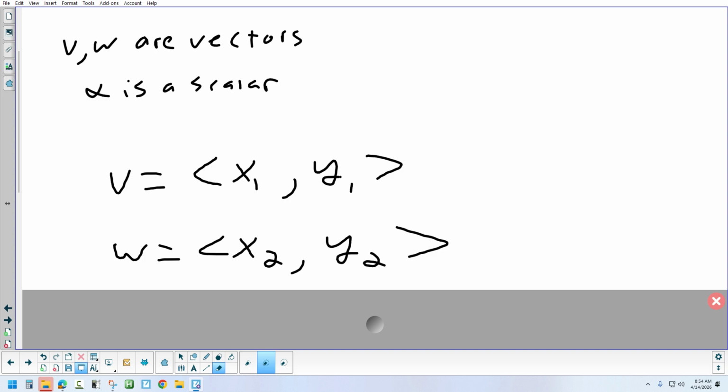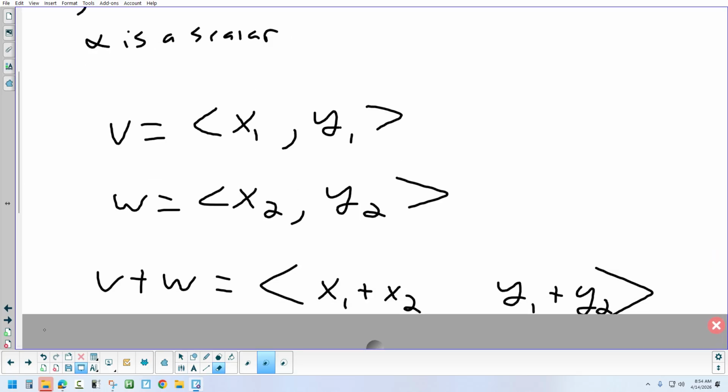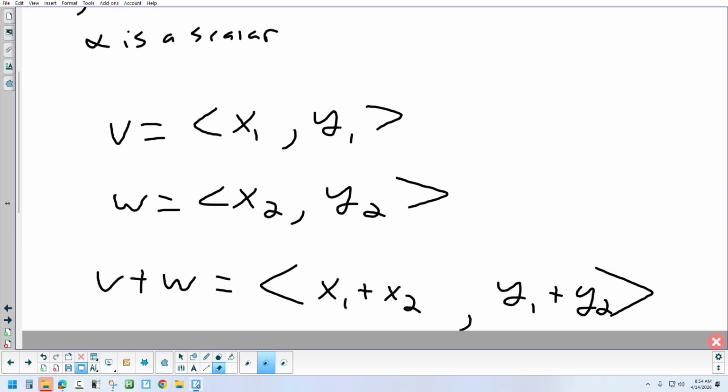So each vector that we're going to work with has a horizontal and a vertical component. The first step is adding two vectors together. Doing it visually, that's where you take one vector, you position the other one so it starts at the end of the first one, and then you draw in your diagonal. If we want to just do it numerically, all we have to do is add like components together.